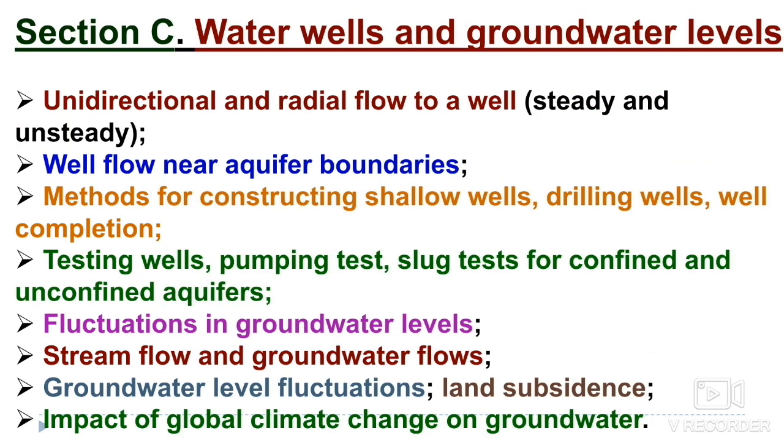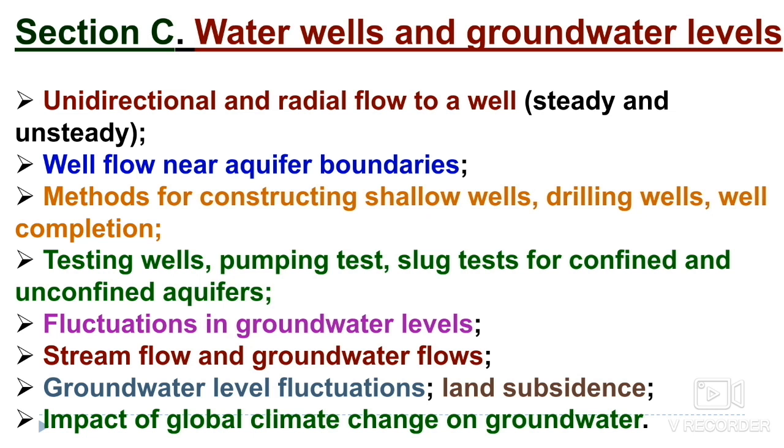And Section C deals with water wells and groundwater level. So you have to cover unidirectional and radial flow to a well, both steady and unsteady methods. Well flow near aquifer boundaries, methods and construction of shallow wells, drilled wells, well completion, testing wells, pumping test, slug test for confined and unconfined aquifers.